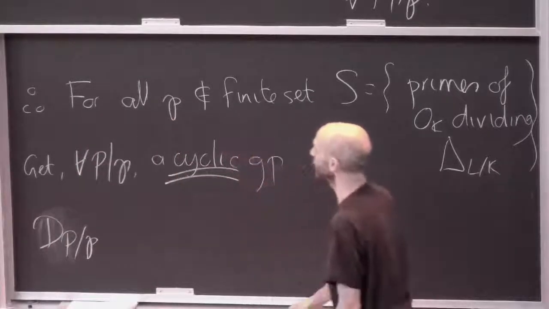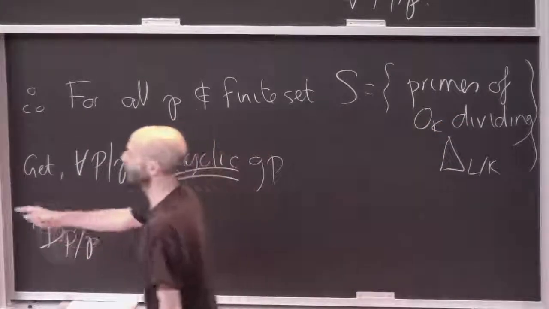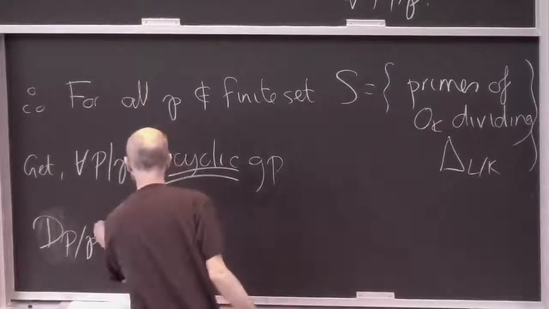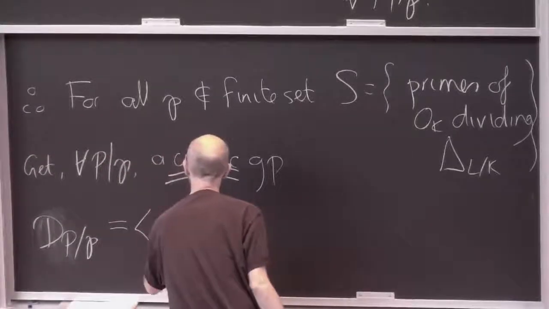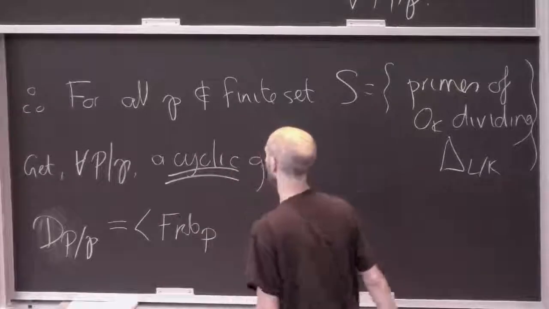That is a cyclic group because it's a local Galois group where the inertia group is trivial. So this is generated by Frob_P.